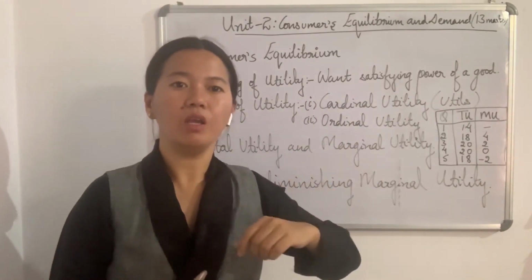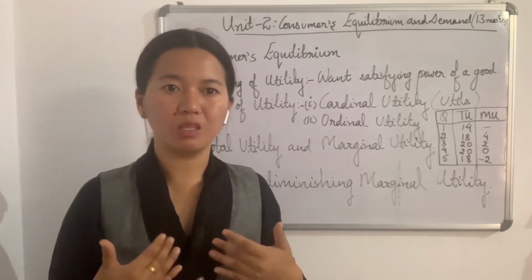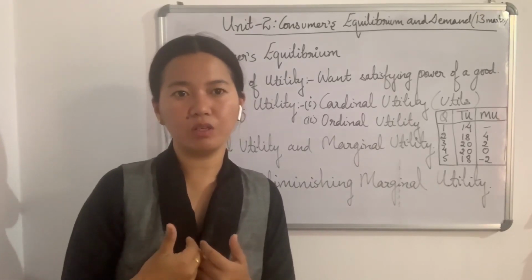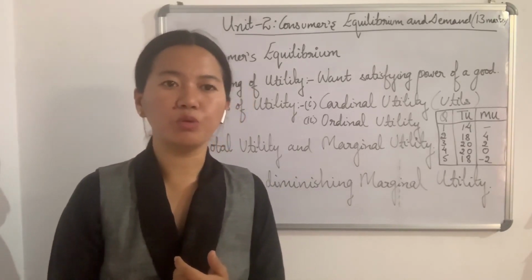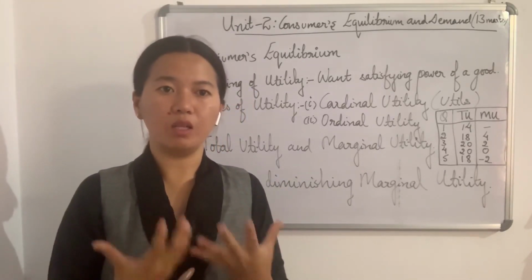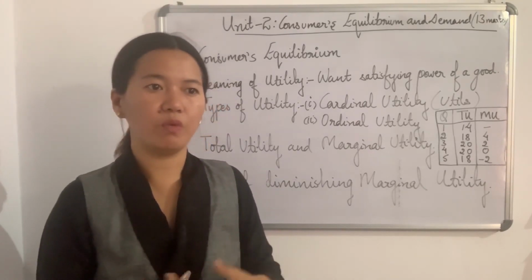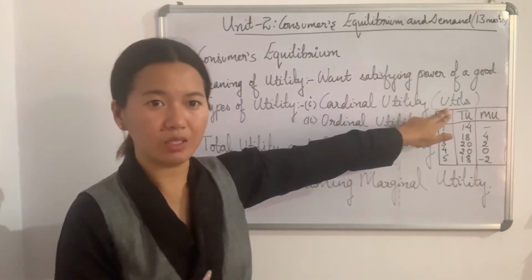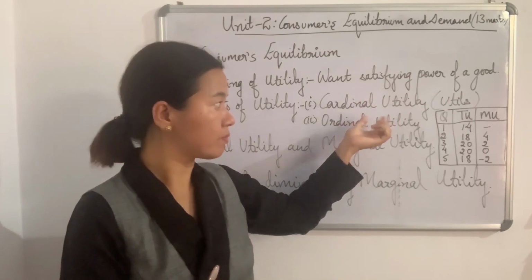For example, if you want to measure cloth, it is measured in terms of meters. If you want to measure distance, then we measure in terms of kilometers. And if you want to measure something liquid, then we measure in terms of liters. In this way, we measure satisfaction or utility in terms of utils. This is a measurement unit for satisfaction or utility.